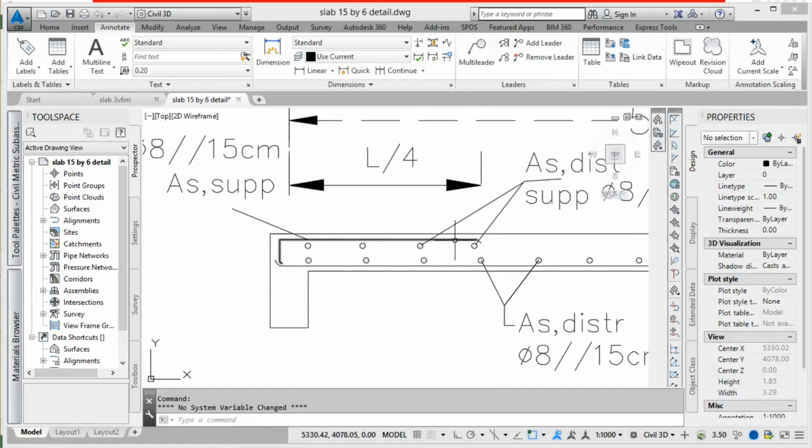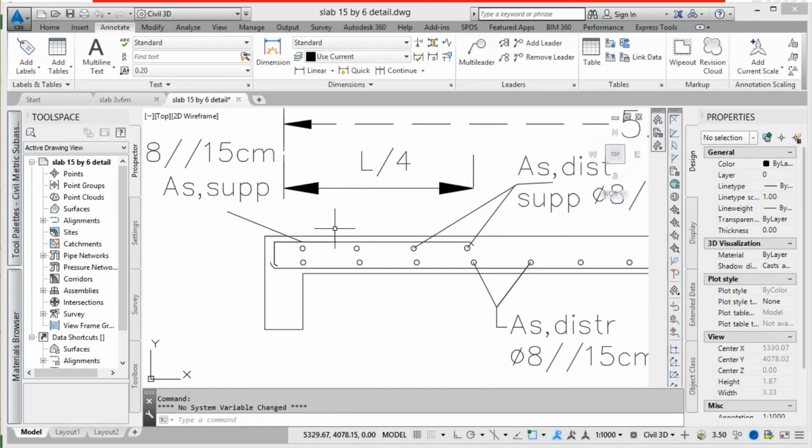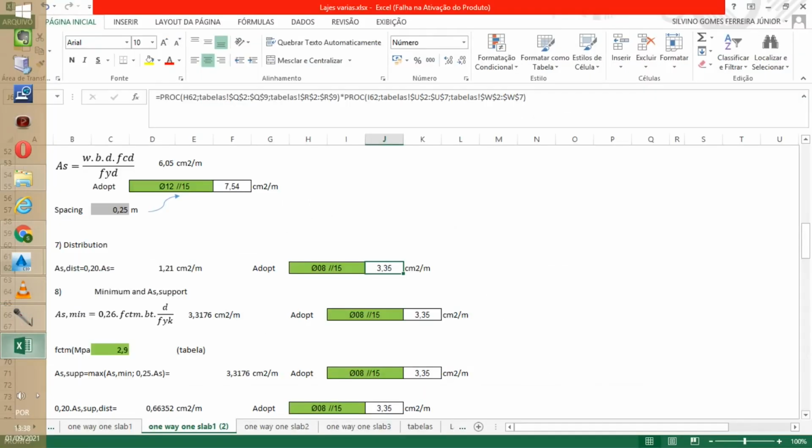For that we calculate this reinforcement on the top and some distribution reinforcement on the top for the supports, one side and the other one.